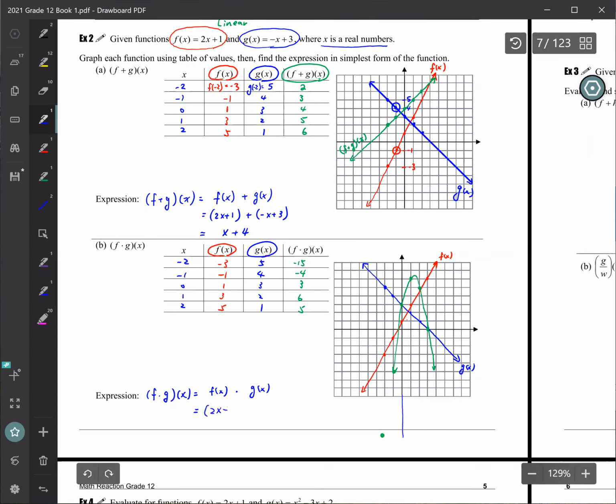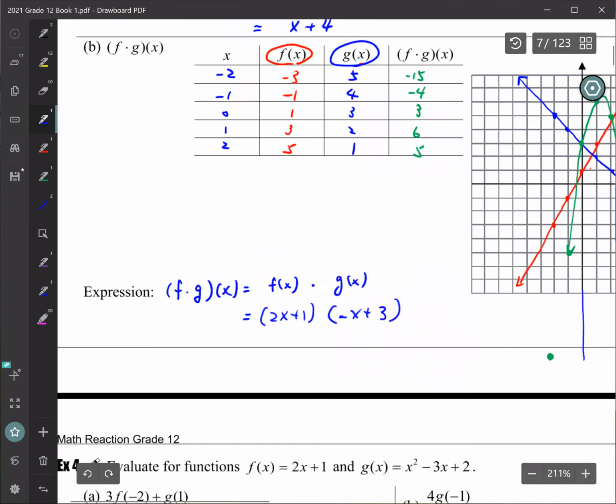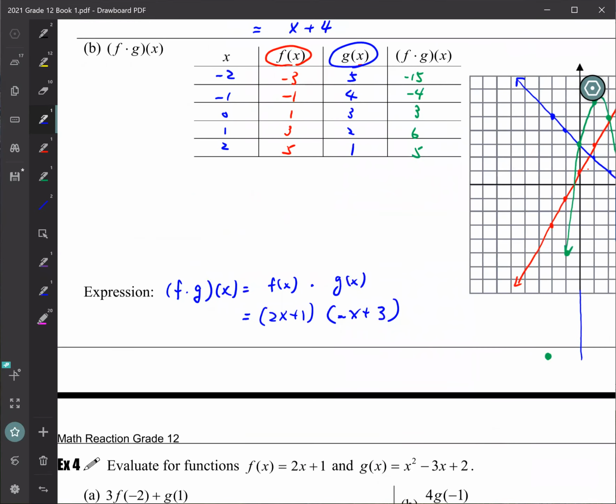From the top. Times g of x, negative x plus 3. After this, you just expand everything with FOIL and collect all the like terms, okay? I'll let you do that and we'll check answers. So raise your hand when you're done expanding and simplifying.